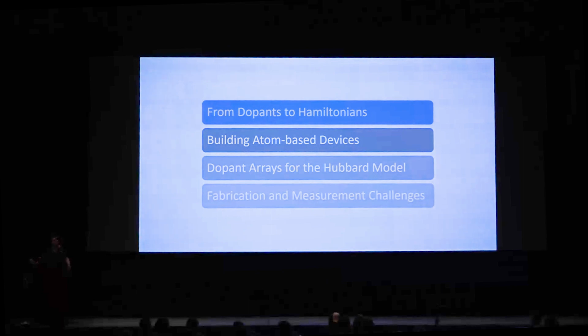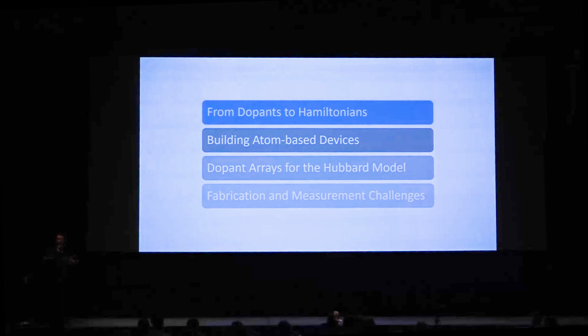This is the outline of my talk. I'll start with introducing this system and explaining how we can use it to make Hamiltonians that we want to run simulations on. And then I want to talk about how we actually fabricate these devices. It's a pretty interesting technique, pretty amazing in my opinion. And then I will talk about some actual experiments that we've been doing.